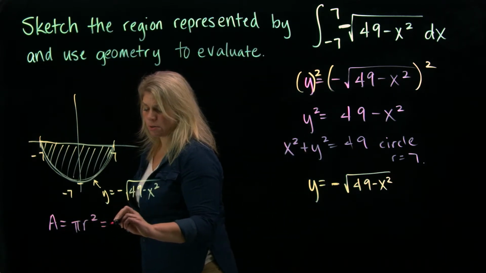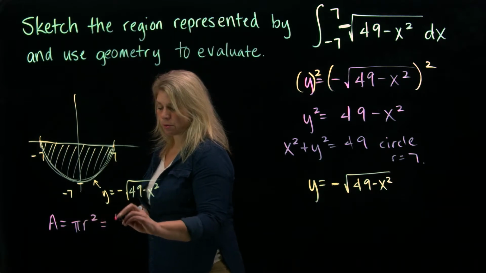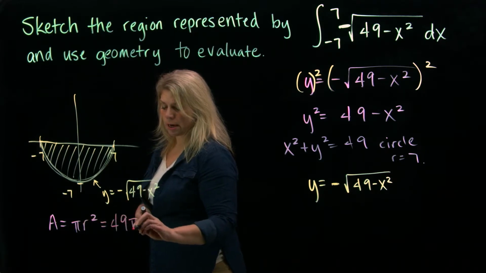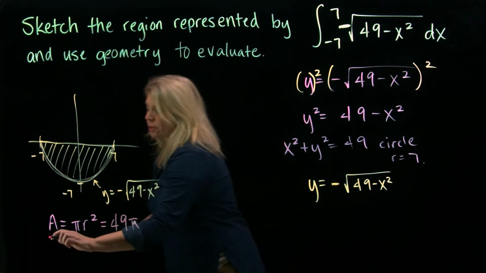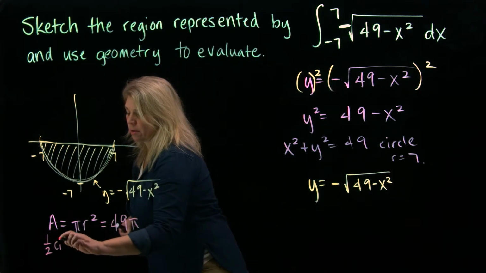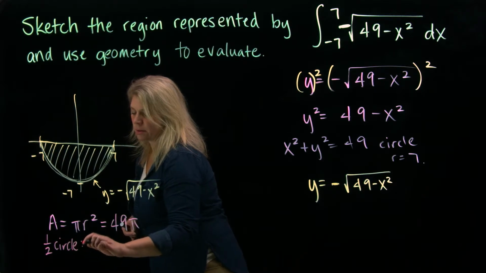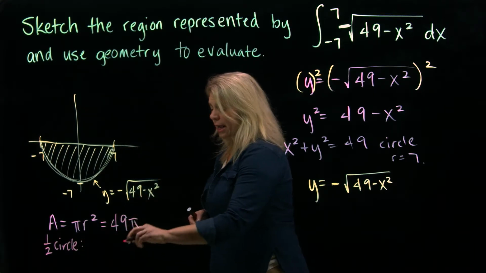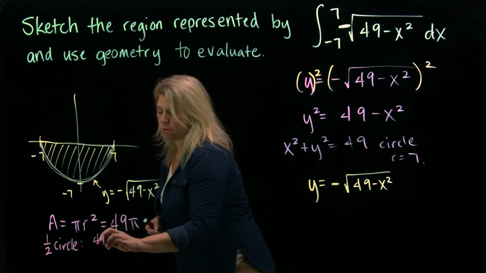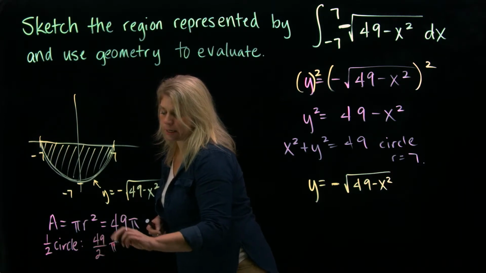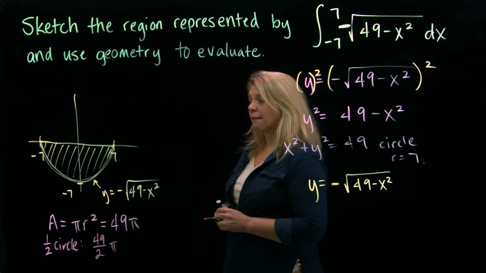So for this circle, we'll have pi times 7 squared, or 49 pi for the whole circle. We actually have only half of a circle. So half of that area would be 49 pi over 2, area of a half circle.